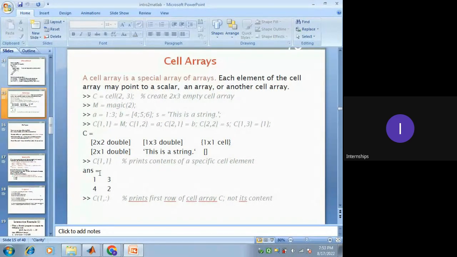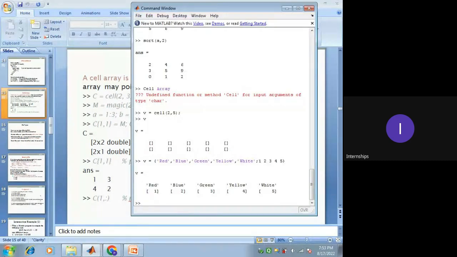At least check this one. Try this one, take the screenshot.